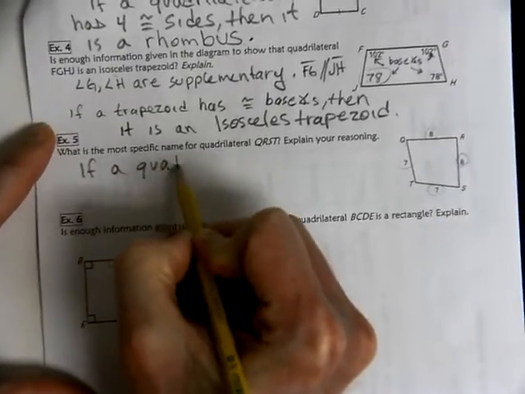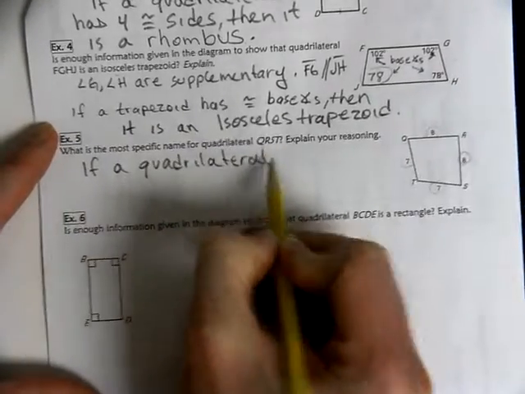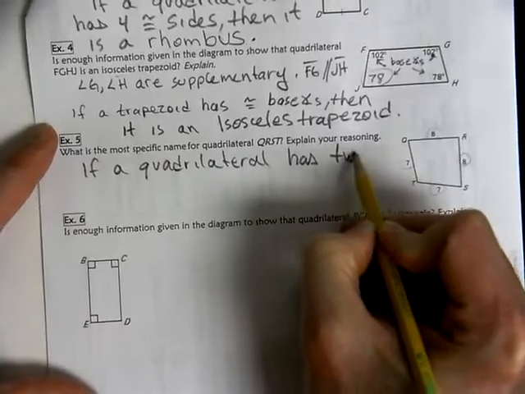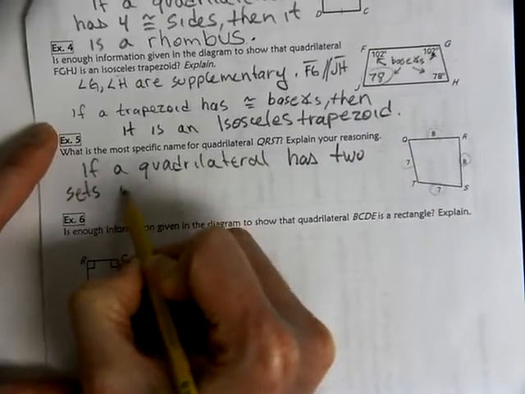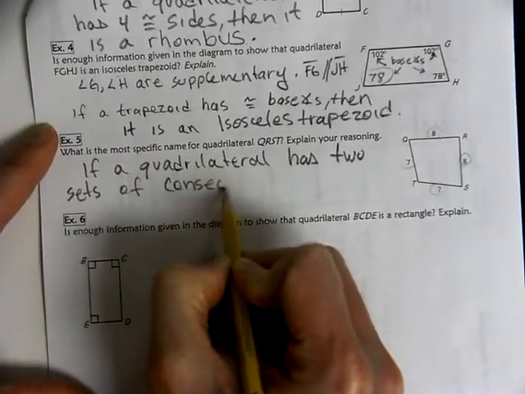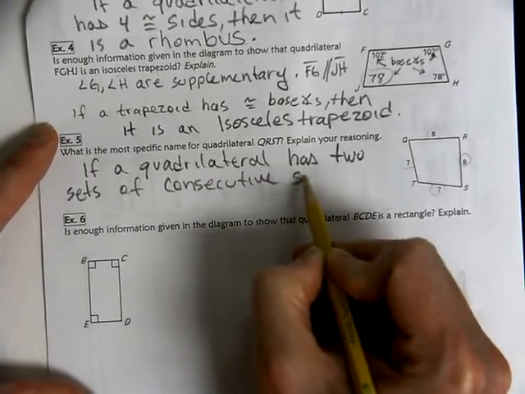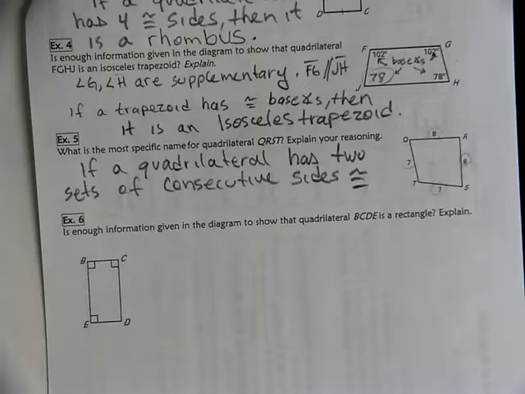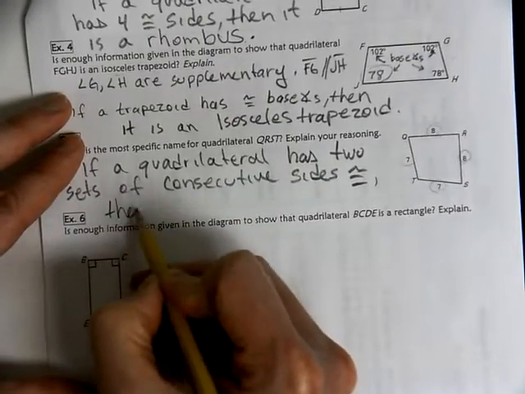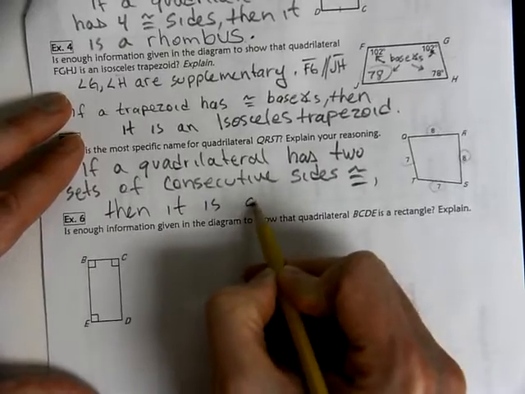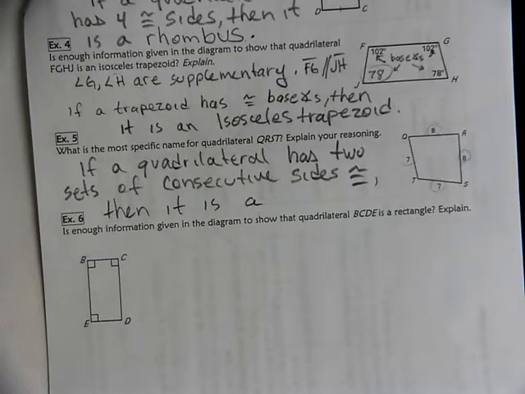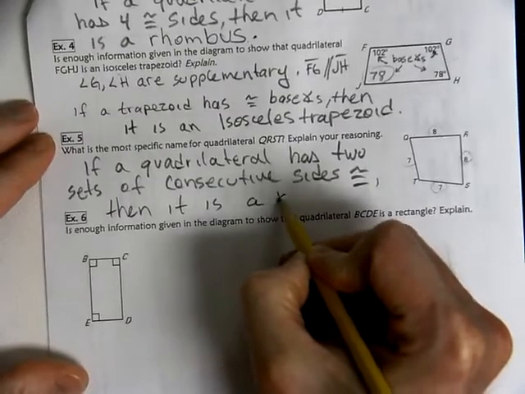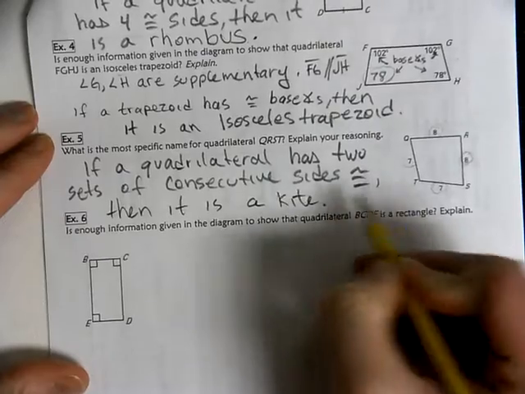If a quadrilateral has two sets of consecutive sides congruent, then it is... this is a kite.